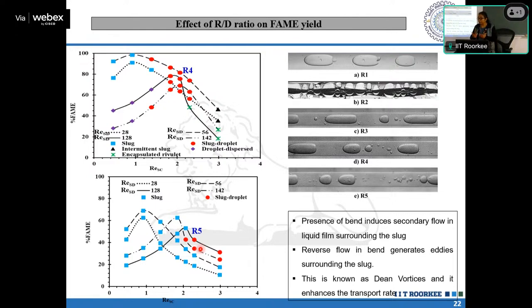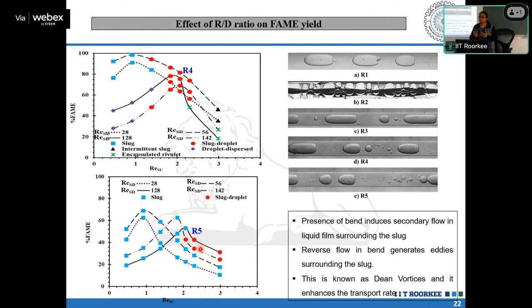So some kind of similar thing happens in this particular case also, in such a serpentine channel. We noted some kind of disturbance wave at the bend, which is giving rise to a secondary flow in the reverse direction.